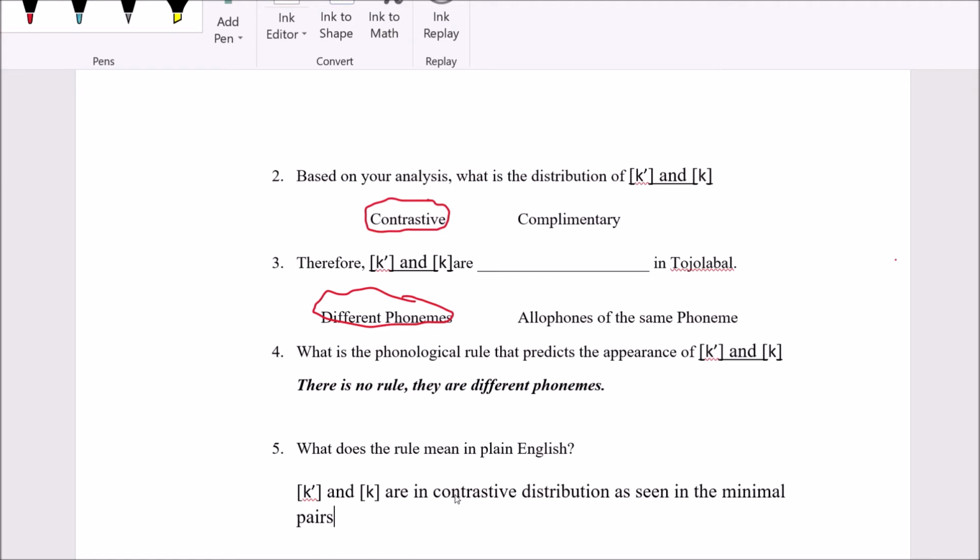Therefore, they create a difference in meaning in Tojolabal. That is what you would need to show me in a problem like this: that you can recognize minimal pairs, you know that minimal pairs mean contrastive distribution, you know what contrastive distribution means, and you can explain all of these steps. Okay?